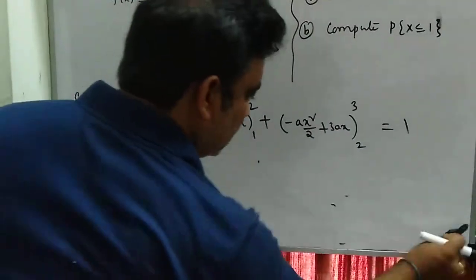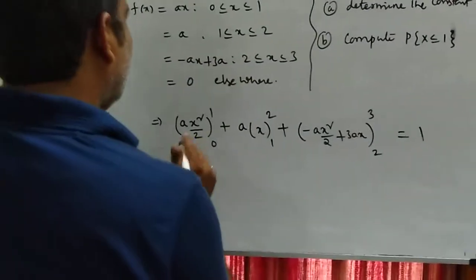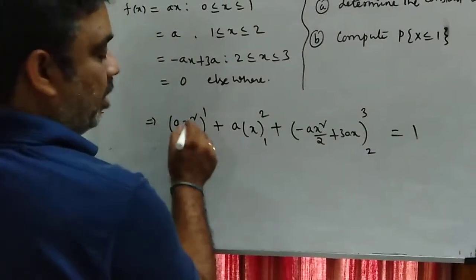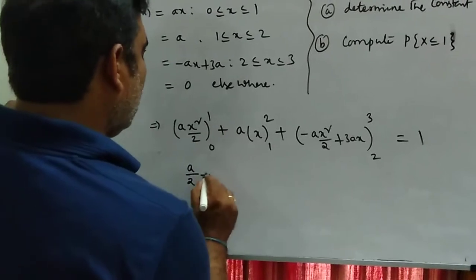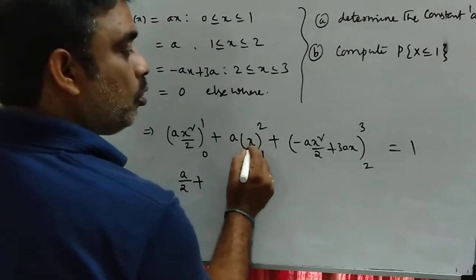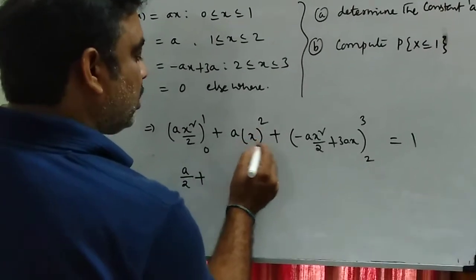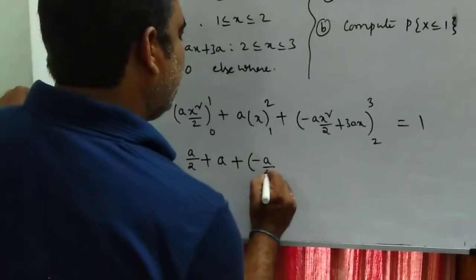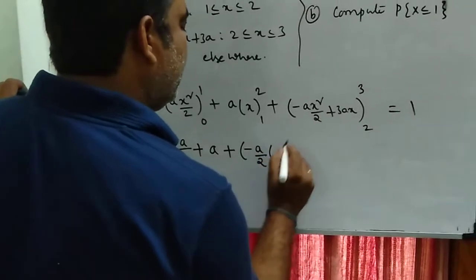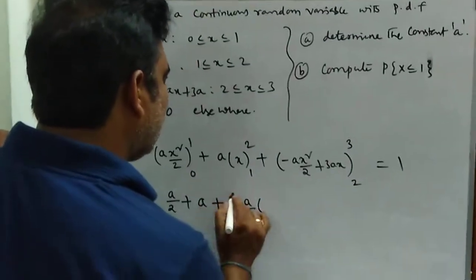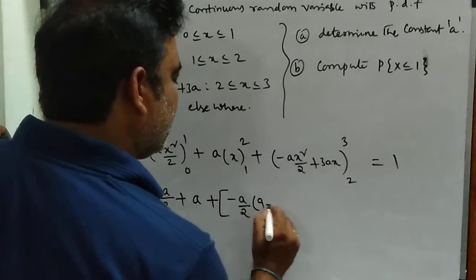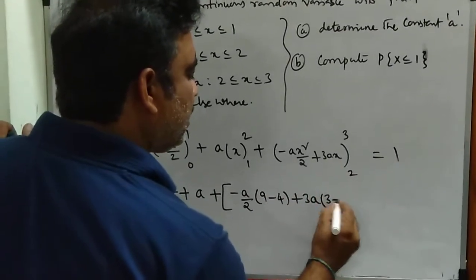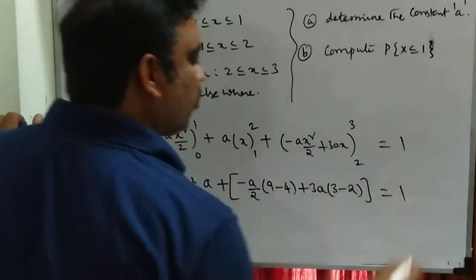So this is a by 2 into x square, upper limit 1, lower limit 0, plus a into x, upper limit 2, lower limit 1, that is 2 minus 1, which is 1, so a. Here minus a by 2 into upper limit 3 square 9, lower limit 2 square 4, plus 3a into upper limit 3, lower limit 2, is equal to 1.